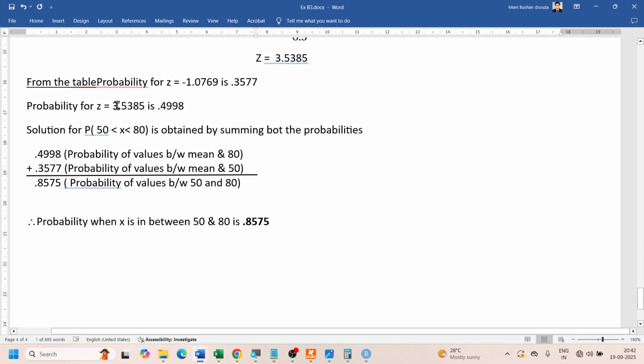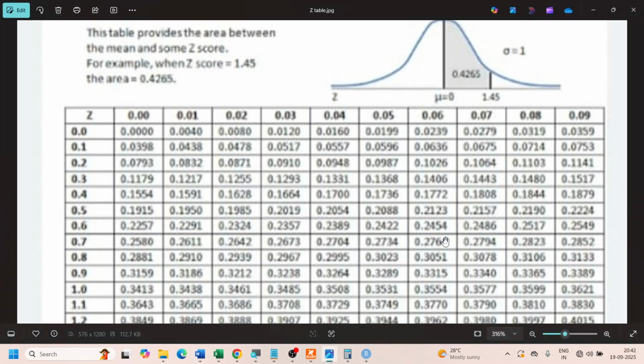So 0.3577 is the value that is being taken for this one. If you notice, for 1 under 7, this will be the value. So that is done.